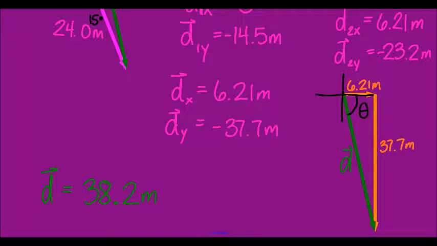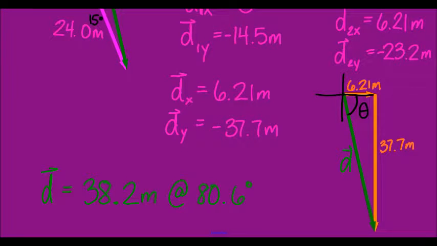So the tangent of my angle theta would be opposite over adjacent, so 37.7 meters divided by 6.21 meters. To get the angle itself, I have to use the inverse tangent. So the inverse tangent of 37.7 meters divided by 6.21 meters gives me an angle of 80.6 degrees.